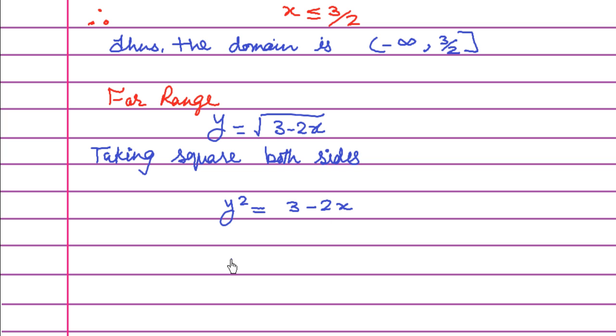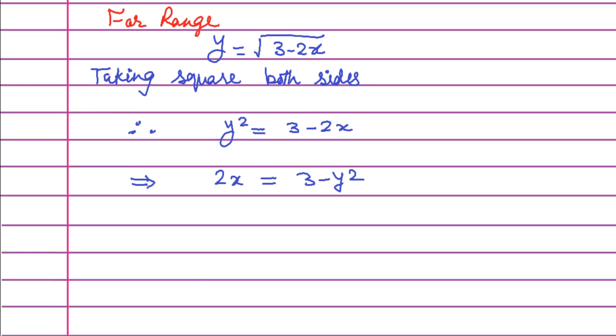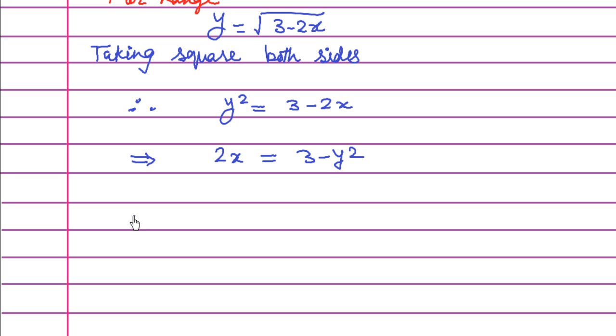If we simplify this, taking 2x to this side, 2x is positive now, and 3 minus y square is here, which implies that x is equal to 3 minus y square over 2.